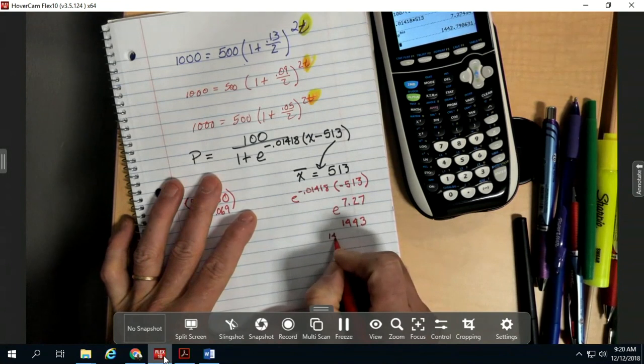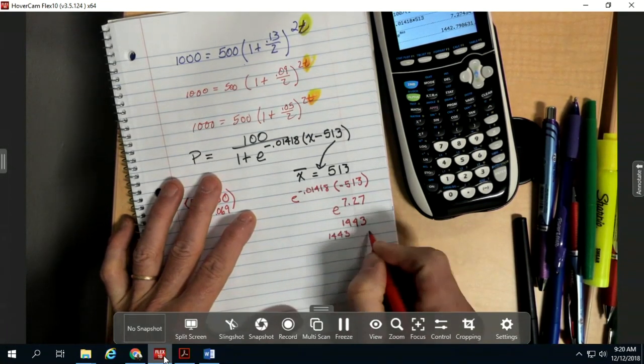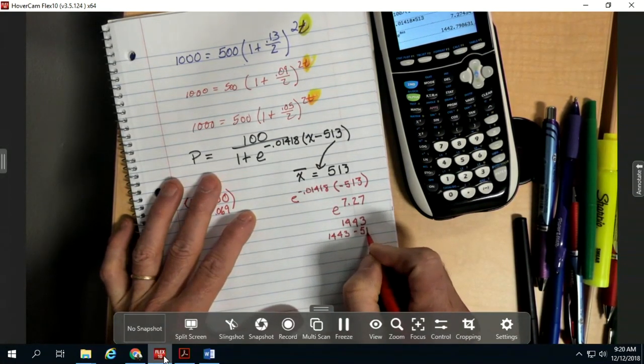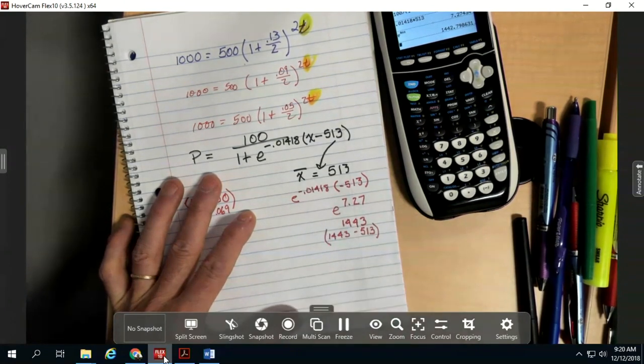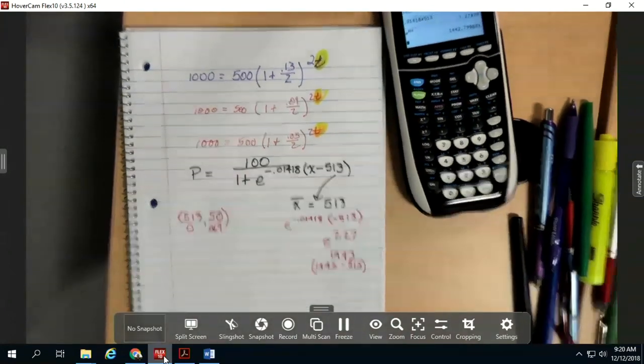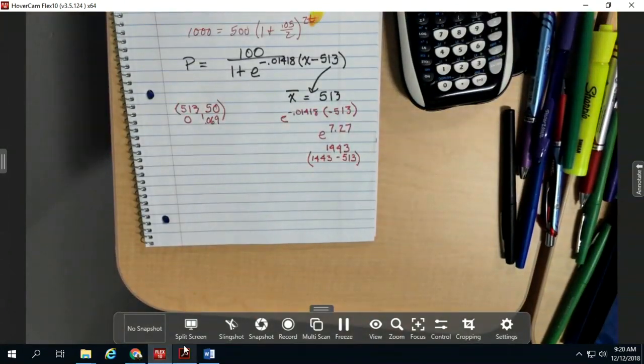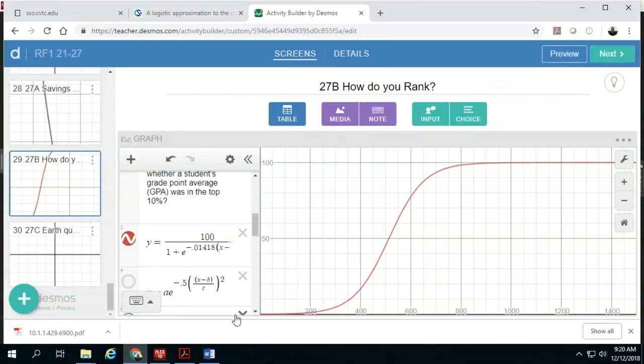1443 minus 513. Let's say if this person down here is in the 0th percentile, this person up here is in the 100th percentile, those two people are exactly the same distance away from 0.